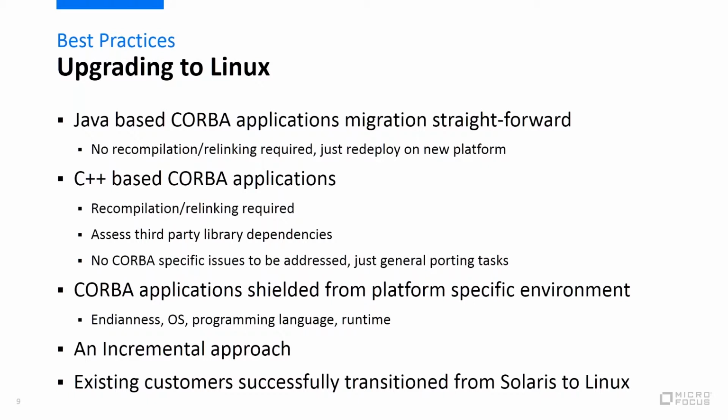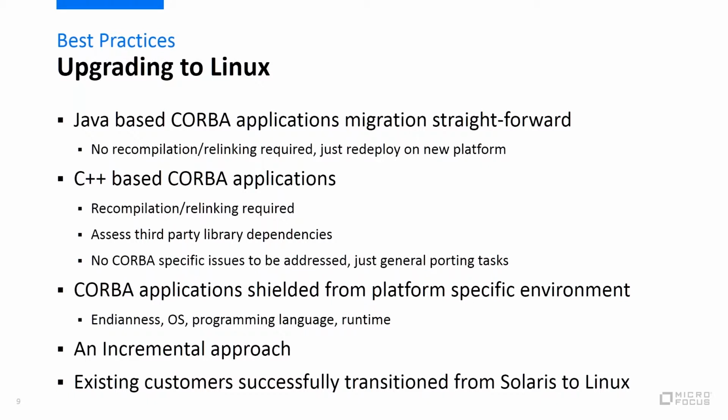The location transparency feature of CORBA itself also provides you the ability to take an incremental approach for the migration of a, let's say, larger CORBA server environment. So you can take, for example, one CORBA server application at a time, migrate it and deploy it on the new platform without really impacting client applications using this CORBA server application.